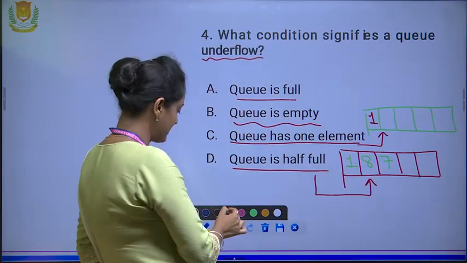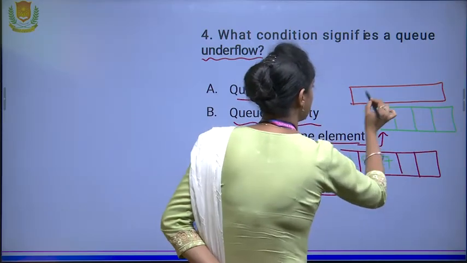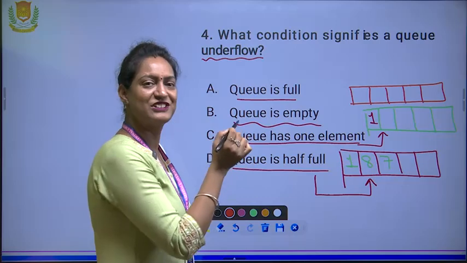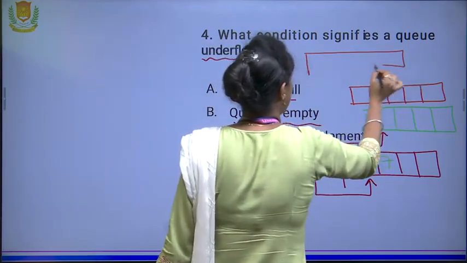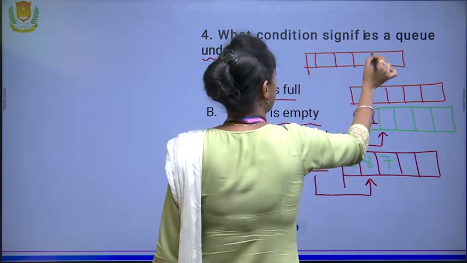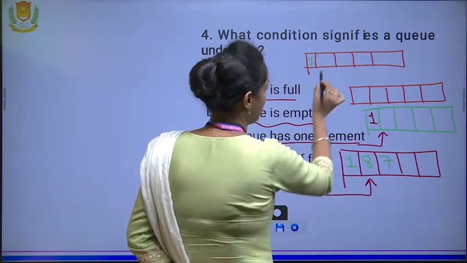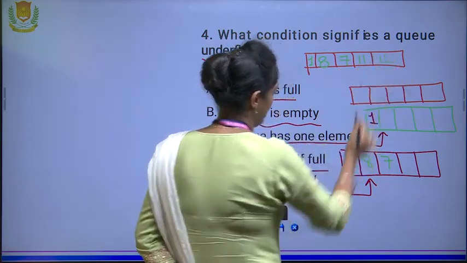The next thing is when the queue is empty, that means there is no element. And the other one is queue is full, that means all the places are filled. It is completely full: 1, 8, 7, 11 and 12.